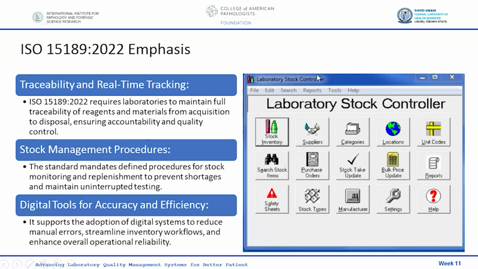So when you look at this diagram, this is an example of a computer interface, a digital interface of a laboratory stock controller. Okay, see the stock inventory, suppliers, the categories, location, unit codes, and all of that. Even the manufacturer, what are the stock types? Okay, so it makes inventory easier and seamless.